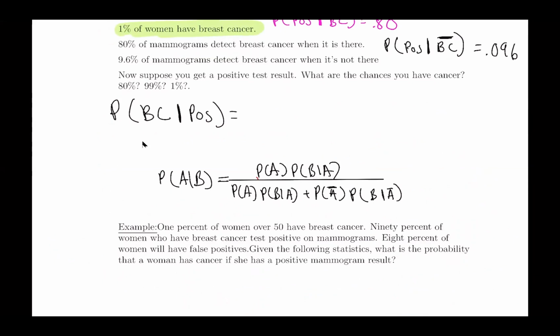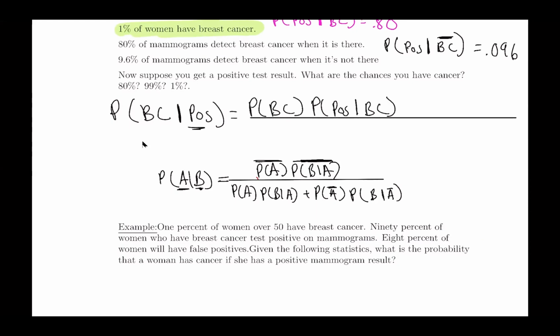If you look right here, it says probability of A. A is whatever we have in front. So we say probability they have breast cancer. Now we have probability of B given A. B is what's given. So we're going to say probability they test positive given they have breast cancer. So that's what we want to put on top. Any questions so far? I got the top.